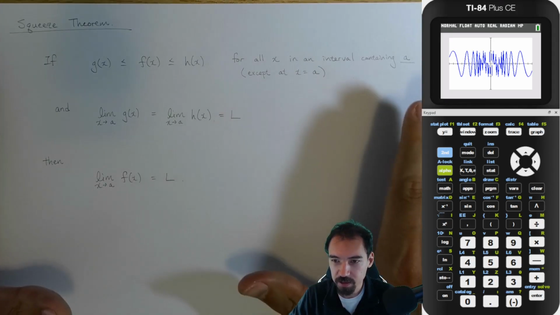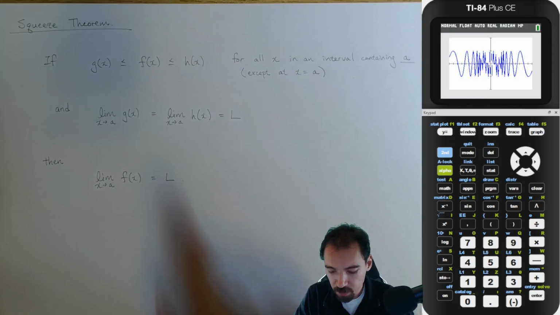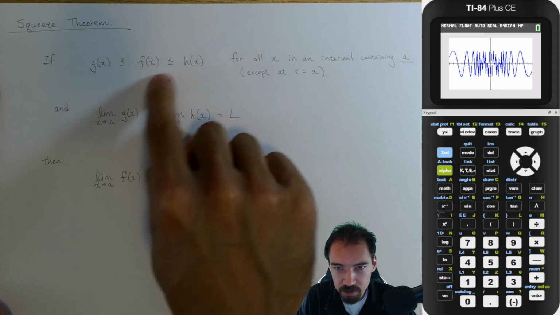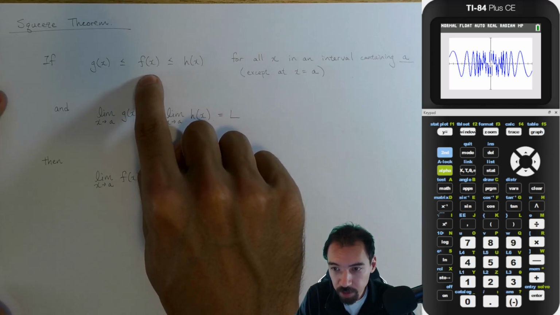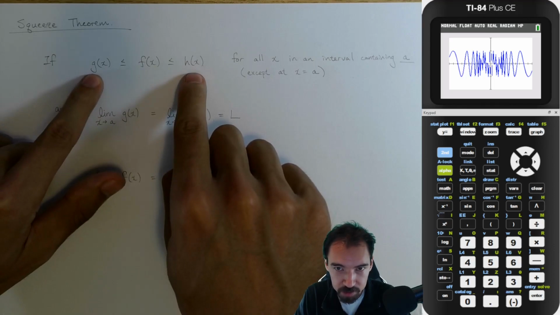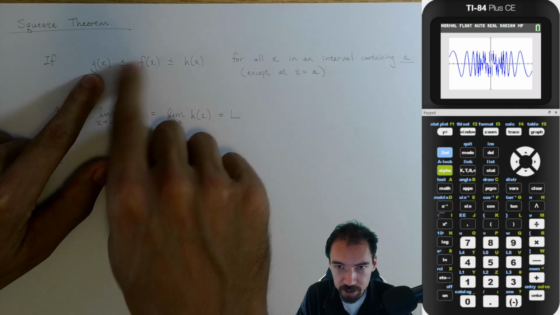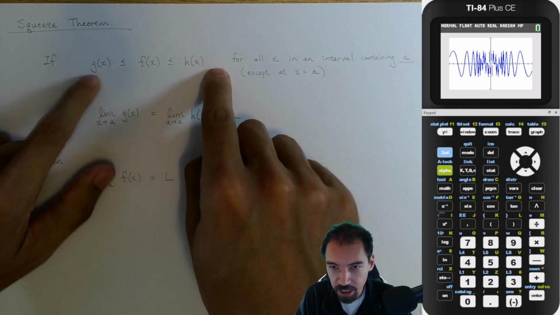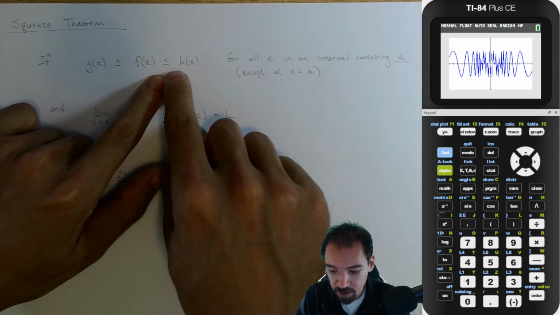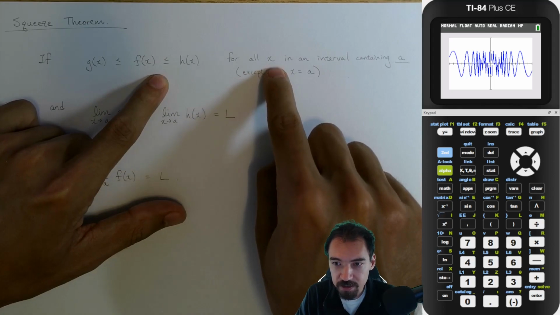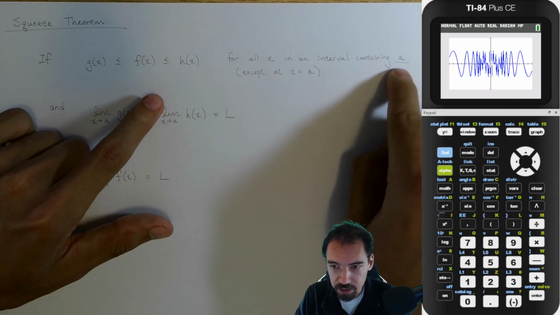So this is a statement of the squeeze theorem. We are going to ultimately be interested in the function f. But we're saying, let's imagine there are two functions, g and h, so that g is always less than or equal to f, and h is always greater than or equal to f, as long as x is in some interval containing a value a.